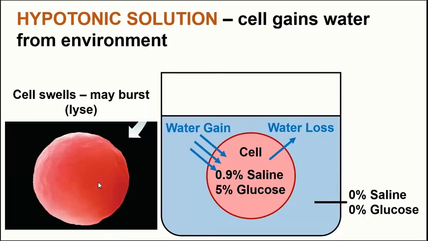Hypotonic causes the opposite type of osmotic stress, and we're going to see that our cell is going to swell and could potentially burst, which of course is not good for the cell, because if the cell bursts, that means the plasma membrane is ruptured, and then there is no longer a separation of fluid environments between the cell and its external environment, or the fluid or solution that it's in. So if the cell bursts, that compromises the integrity of our plasma membrane.